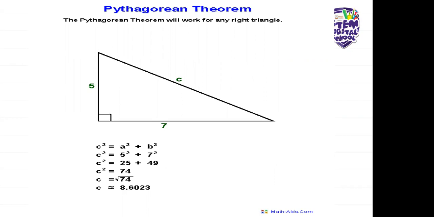And in this case, our value of A will be 5. And our value of B will be 7. This therefore means C squared is equal to 5 squared plus 7 squared. And 5 squared, by the way, is the same as 5 times 5, which is 25.